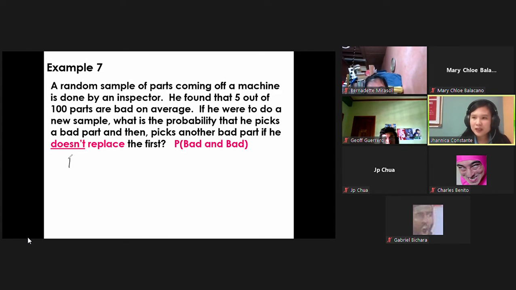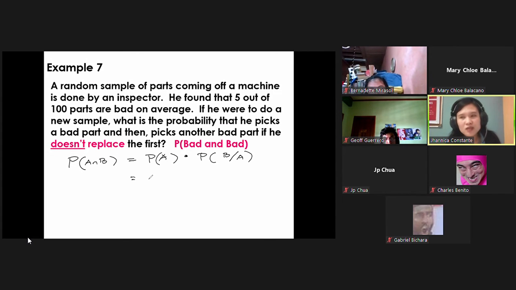So probability of getting a bad or a defective part of the machine without replacing the part that you have already gotten. So what is the probability for the first event?